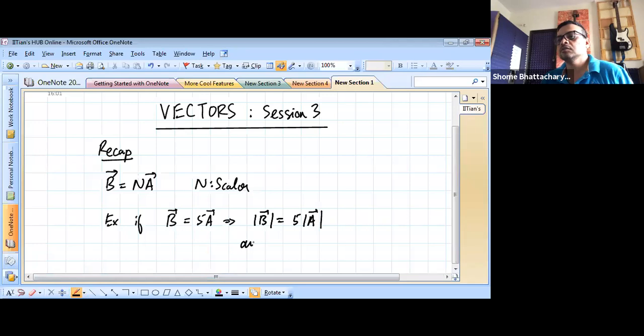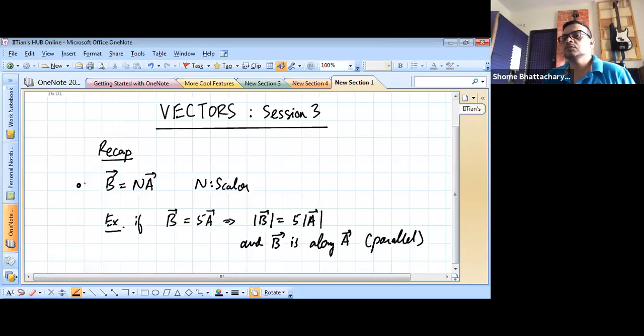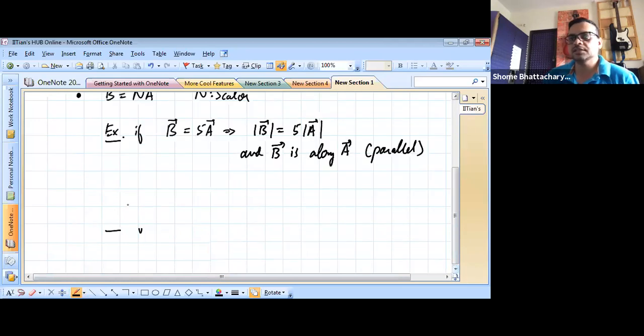And vector B is along vector A. It is parallel to it. So this is one of the first types of operations that we learned last time.